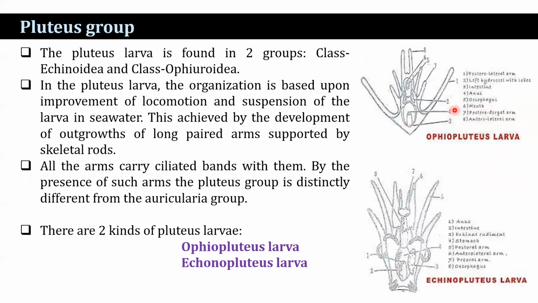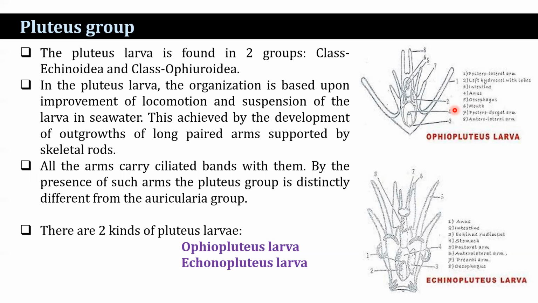Now come to the Pluteus group. The Pluteus group has basically two types of larva, Ophiopluteus larva and Echinopluteus larva. The Pluteus larva is found in two groups, class Echinoidea and class Ophiuroidea.